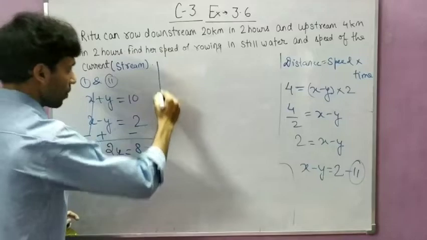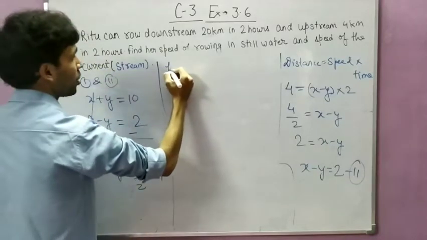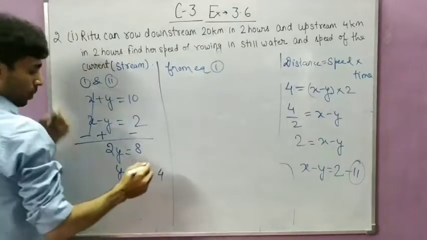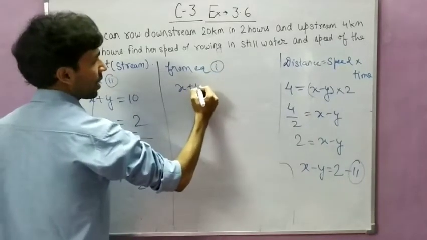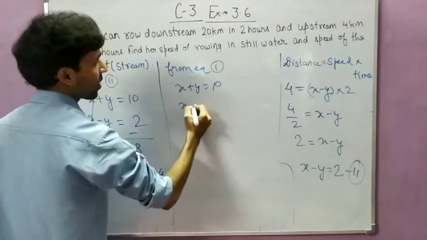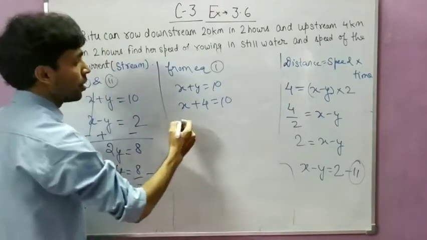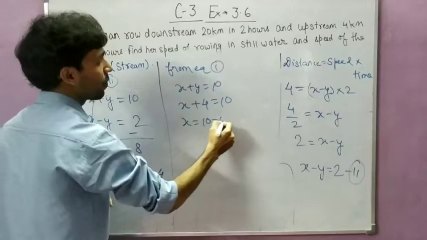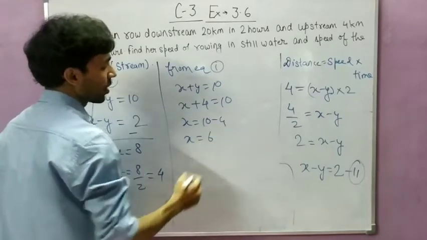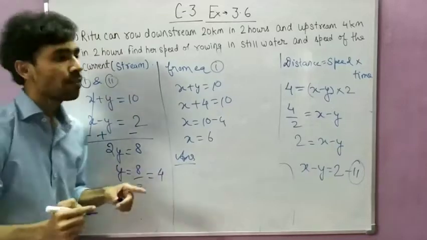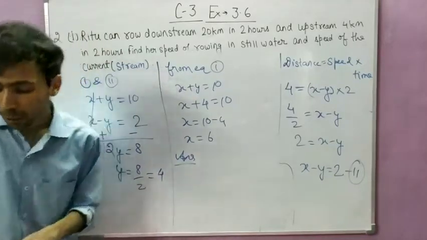From any equation, I have written from equation number 1, x plus y equal to 10, x plus 4 equal to 10. I have put the value of y here. So x equal to 10 minus 4, so x equal to 6. Hence x was the speed of Ritu.